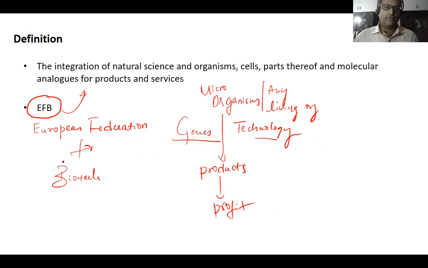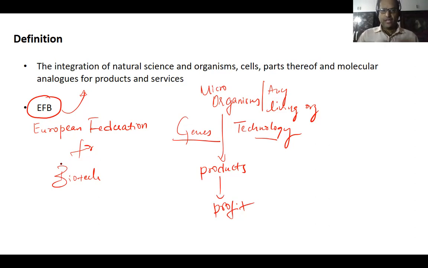What is EFB? EFB means European Federation for Biotechnology. This federation explains the definition as the integration of natural science and organisms, the cells, everything, integrated to get products and also for the services part.